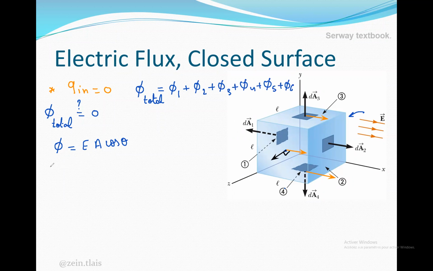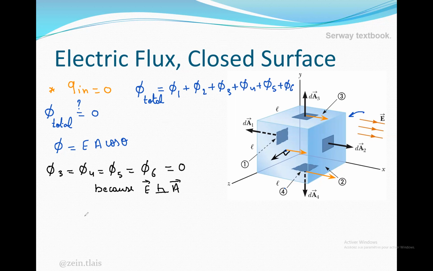We can say in general that flux 3 equals flux 4 equals flux 5 and flux 6 equal to 0, because E is perpendicular to A. Okay?